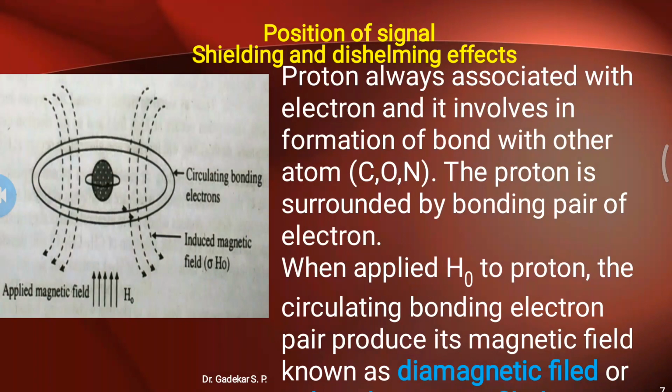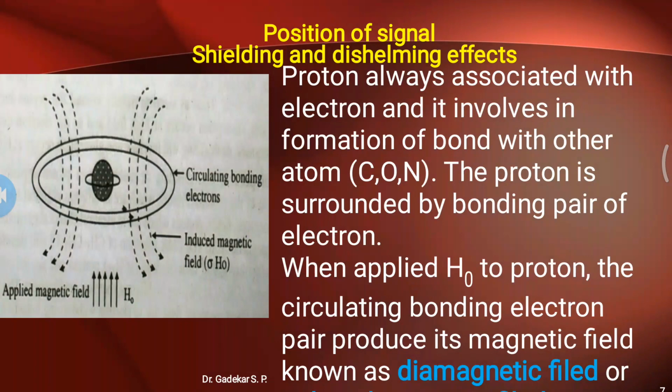The proton is surrounded by a bonding pair of electrons. These bonding electrons can increase or decrease. If they increase, it's the shielding effect. If they decrease, it's the de-shielding effect.